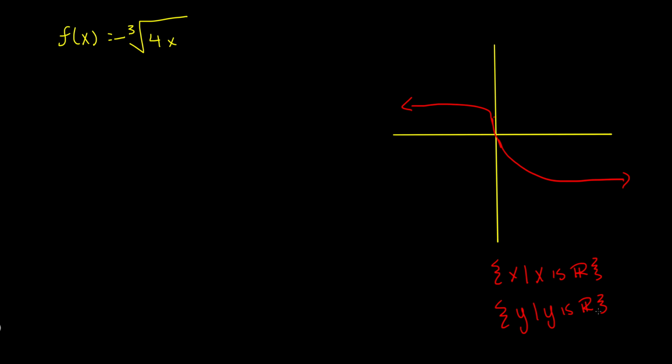So we don't have anything to worry about when we write our inverse function because we're looking at all real numbers. And again, we're writing the inverse function about this line. So let's see.